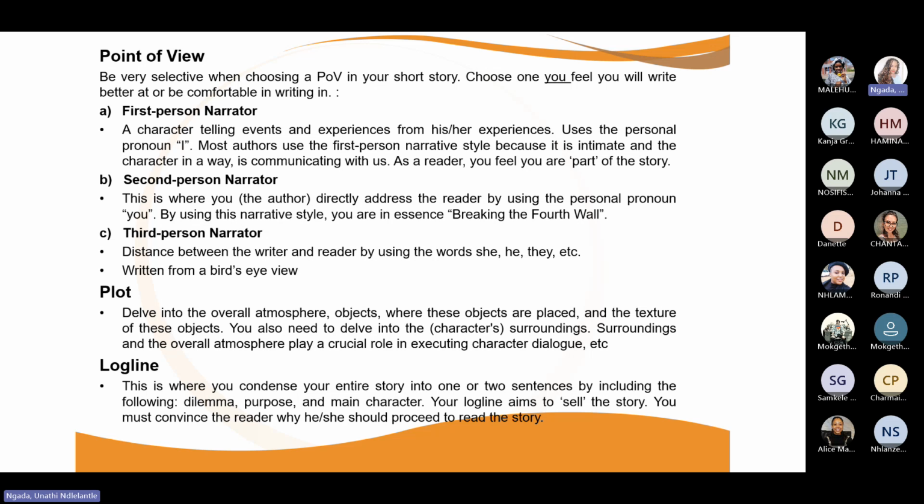So I think in your case, Kayla, an appropriate narrative style would be third person because the entire story is being written in past tense. And just to answer your question, Chantal, just remember to strictly stick to narrative style throughout the short story.